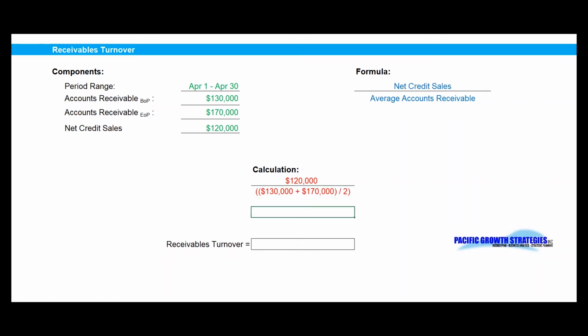Running down the numbers, it's $120,000 in net credit sales divided by our average accounts receivable, which is the $130,000 plus the $170,000 divided by 2, equaling $150,000. The $120,000 in net credit sales divided by $150,000 in average accounts receivable gives us a receivables turnover of 0.8.